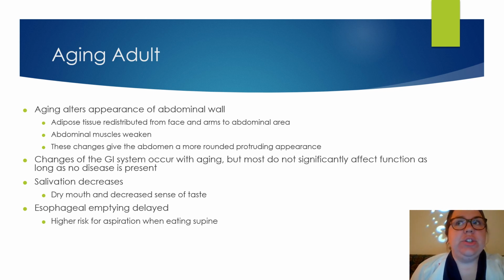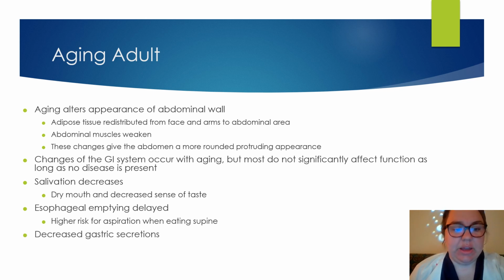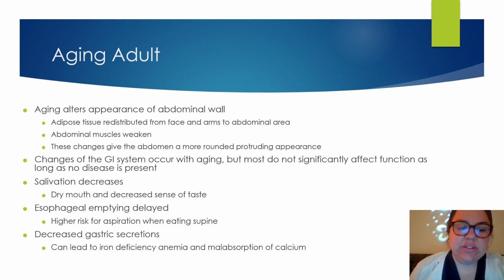So what position do you want your client to be in when they're eating? You want them in a high Fowler's position. If they're eating or drinking, you want them up higher than 30 degrees. Absolutely. They have decreased gastric secretions, so that could lead to an iron deficiency, anemia, or malabsorption of calcium.